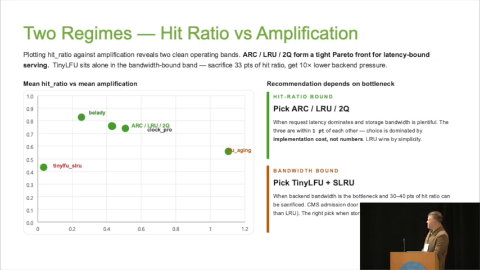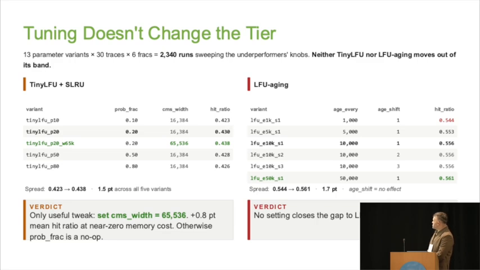And if we are interested in decreasing amplification and decreasing east-west traffic, we can use some TinyLFU parameters. Also, I did some additional research tuning the two worst eviction policies. The main idea was that default parameters are not the best, but tuning didn't get any valuable results.